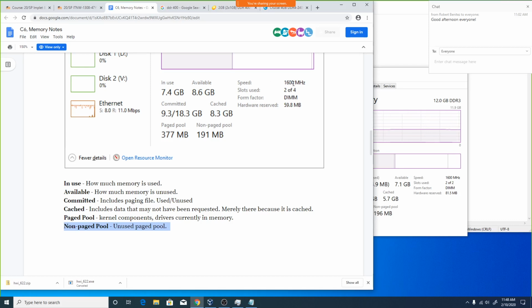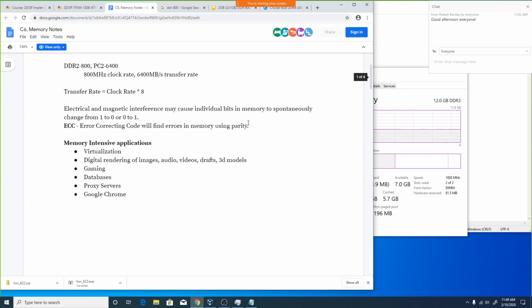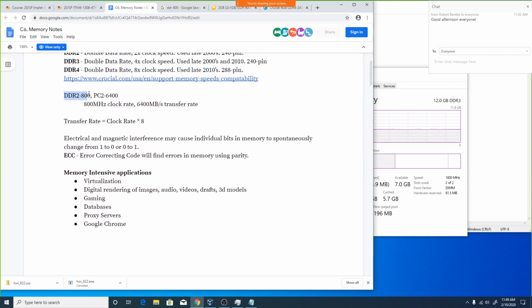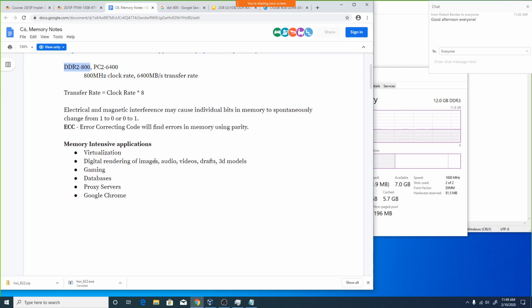So, looking at this, what is my front side bus running at? Remember, DDR. The front side bus is... What's that? Oh, you divided by 8, didn't you? So take a look, right? 1600 megahertz. So that would be DDR3 1600. What is my front side bus running at? What does the D in DDR stand for?